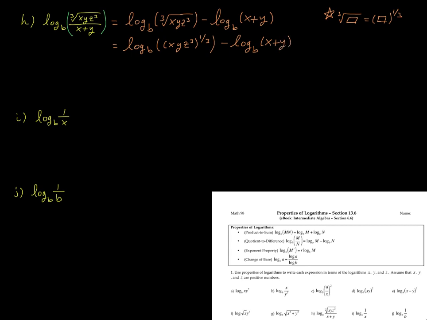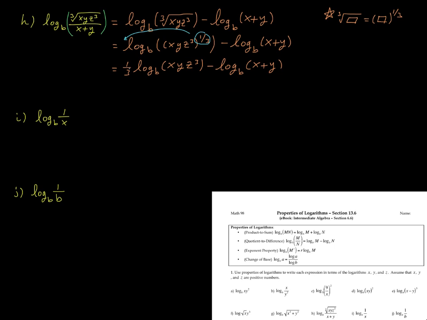Okay, and now this exponent, 1/3, can come out in front. So that will give us 1/3 times this logarithm, and I have x, y, z cubed inside that log, and then I'm still subtracting this log base b of x plus y.